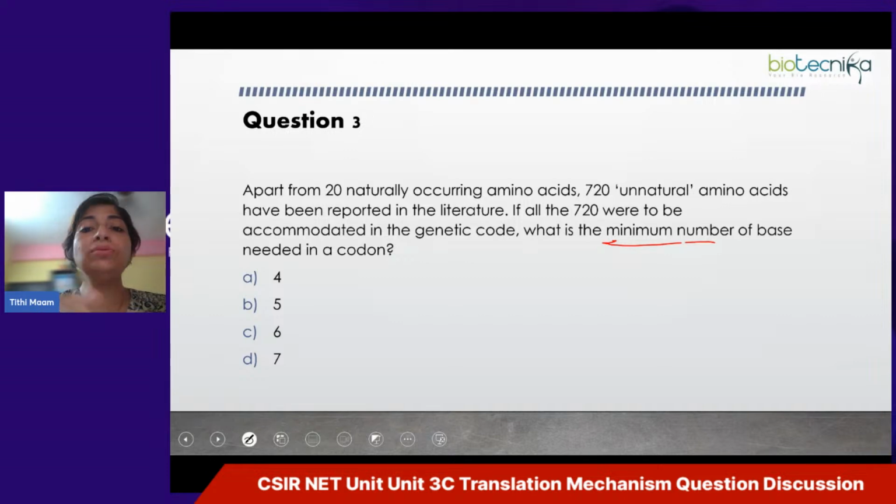That there are 20 naturally occurring amino acids. So if we have to code 20 naturally occurring amino acids with four different bases.